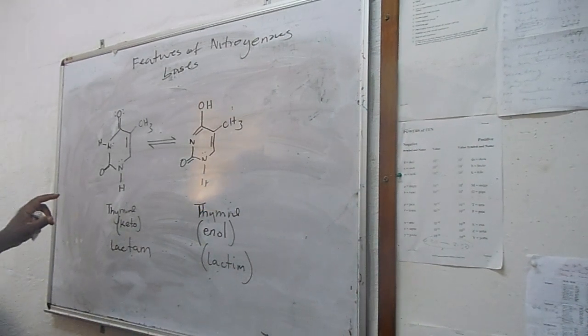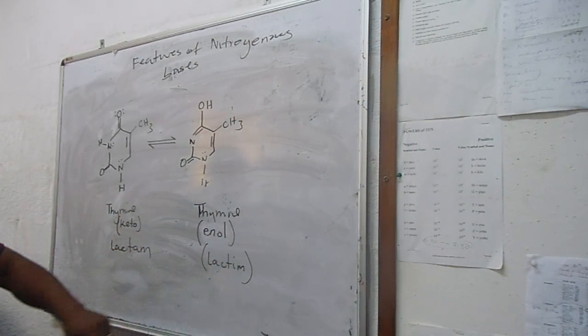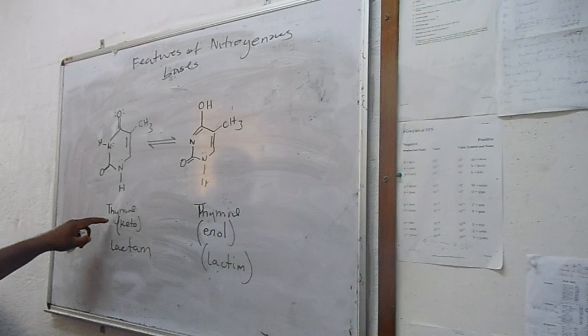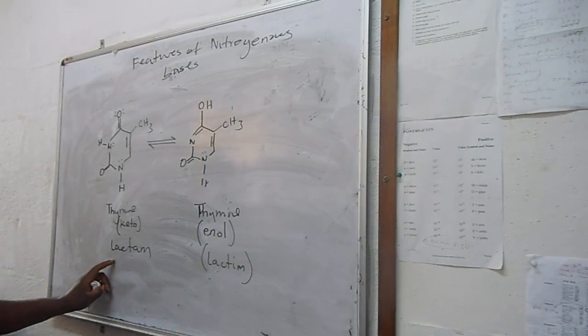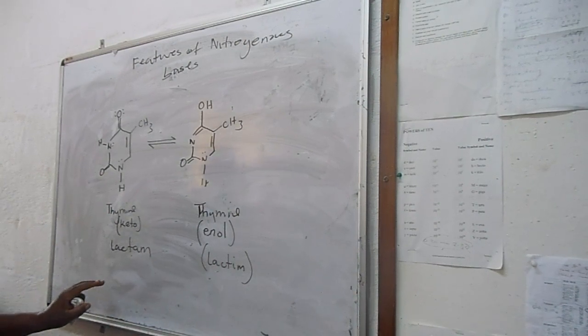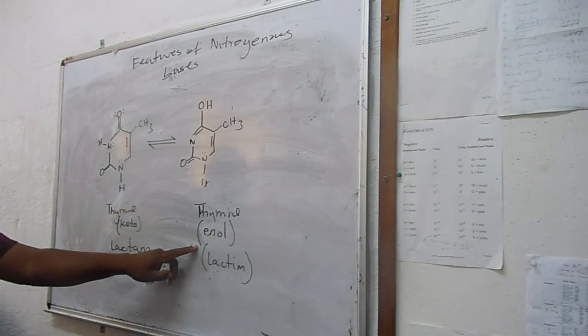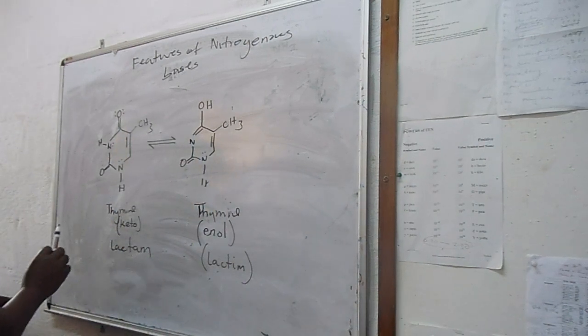So thymine can exist as keto-enol or lactam-lactim. What predominates is the keto form for thymine, or the lactam. If it changes to the enol form, this can bring about mutation, as we shall see later. Okay, that's about it.